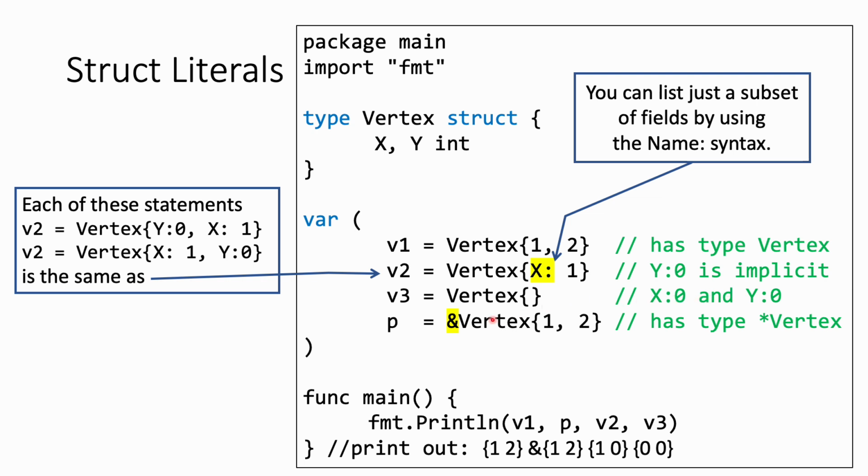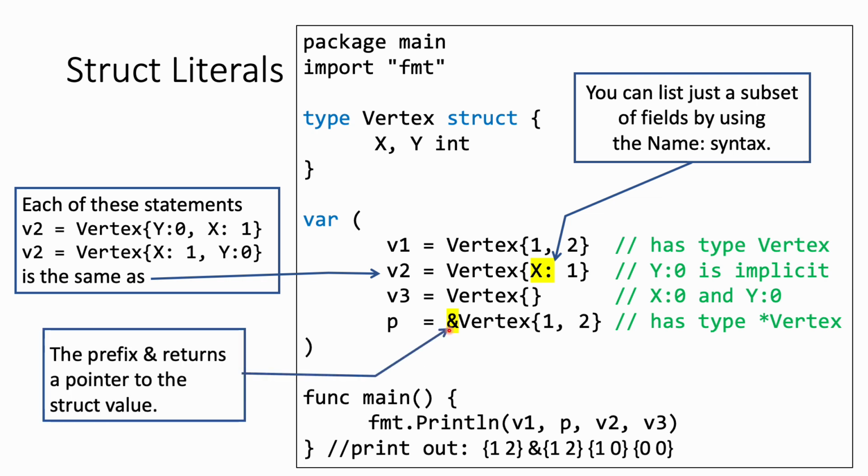And if you place the ampersand before a struct literal, then it returns a pointer to the struct value. So this assignment statement makes p a variable of type *Vertex, that is a pointer to Vertex.